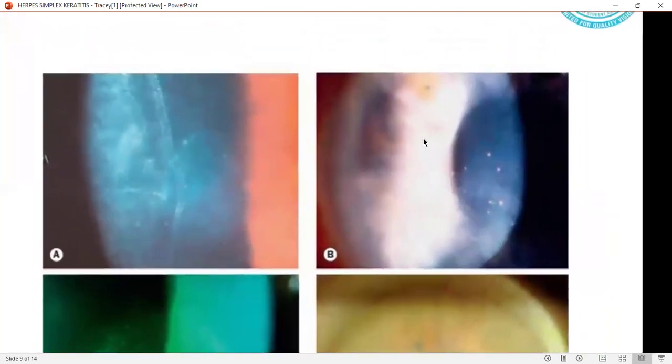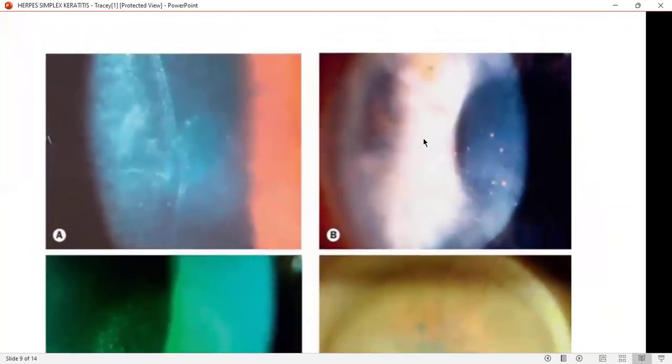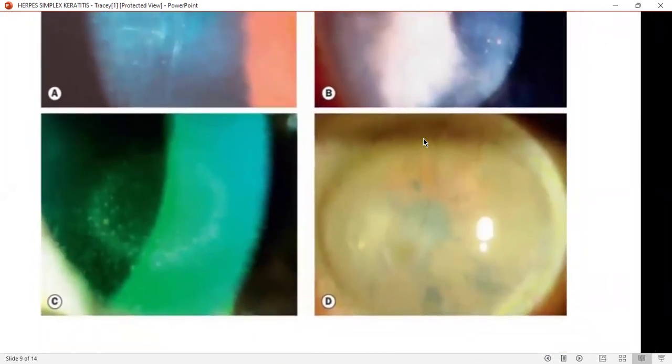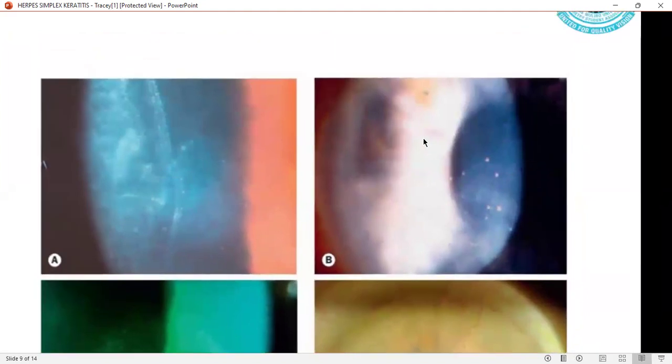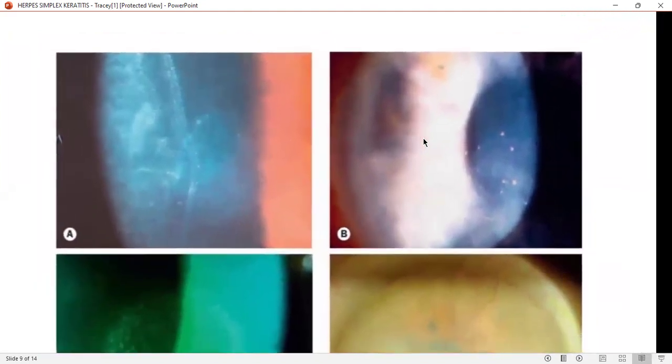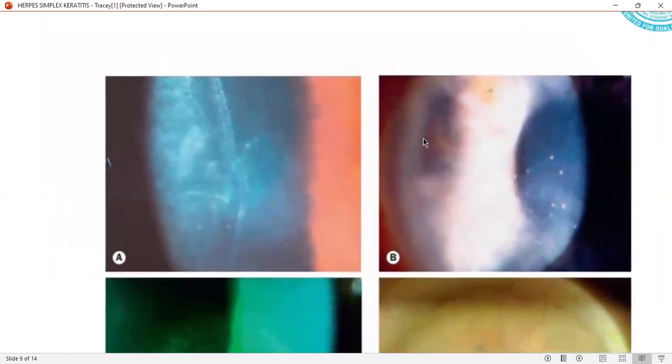disciform keratitis is formed. In picture A, you can see the epithelial and stroma layers have edema, and there are some basement membrane folds. I don't know whether you people can see.